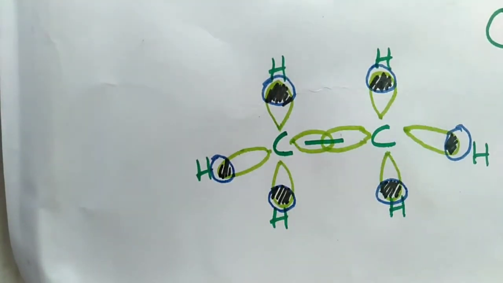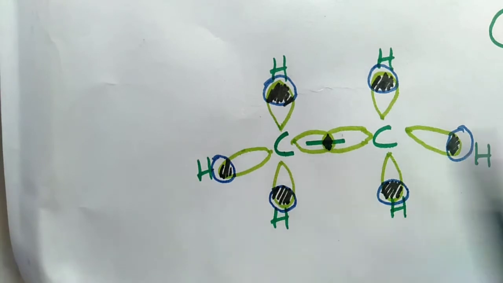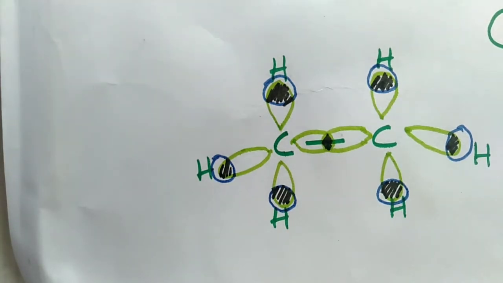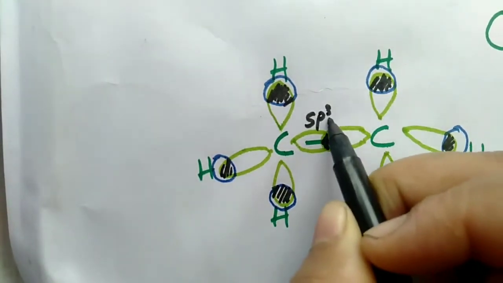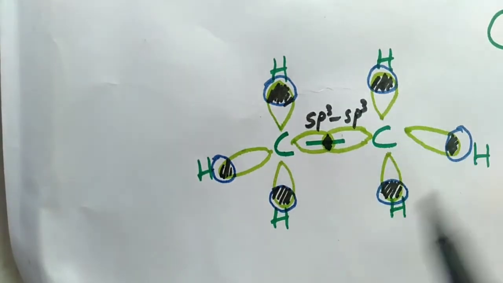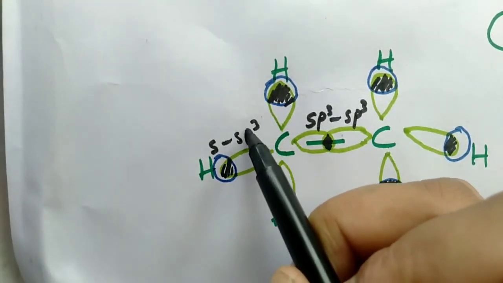Okay, that is overlapping of sp3 hybrid orbitals with the s orbital of hydrogen. This one sp3, here also sp3. This one is s and this one is sp3.